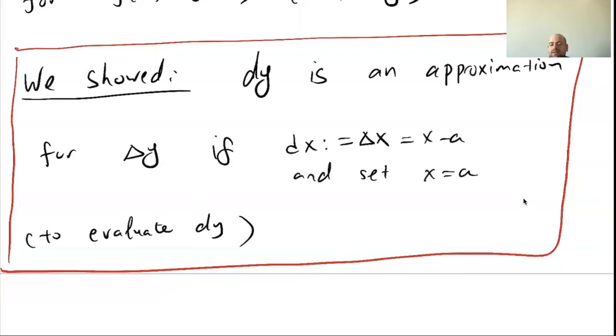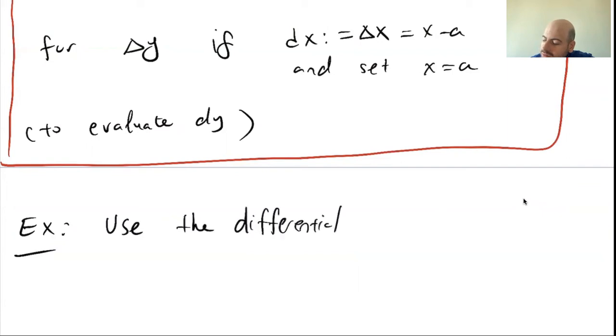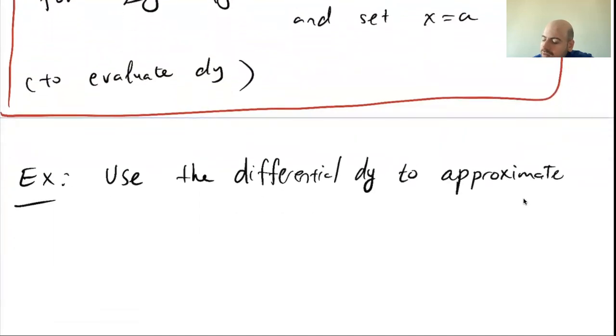So let's look at an example of this. Use the differential dy to approximate delta y when x changes as indicated.